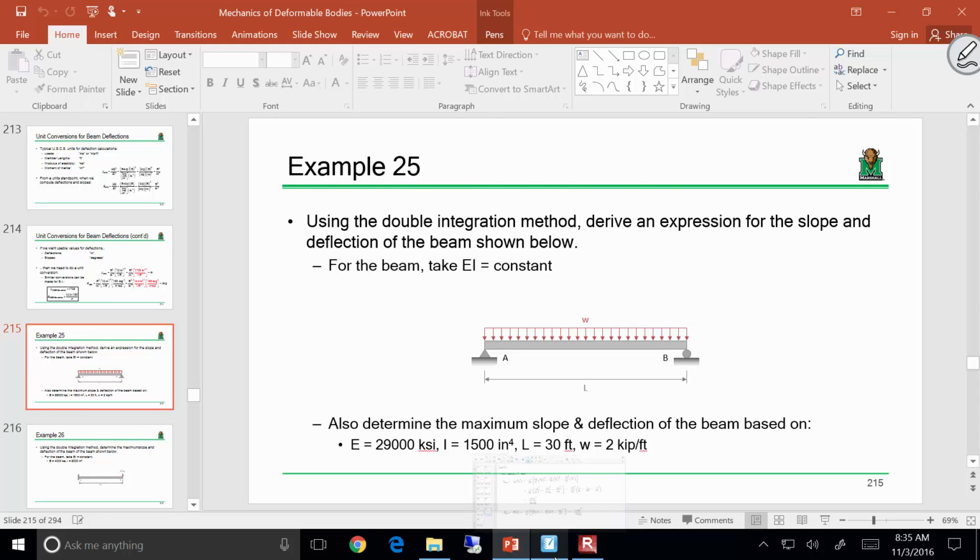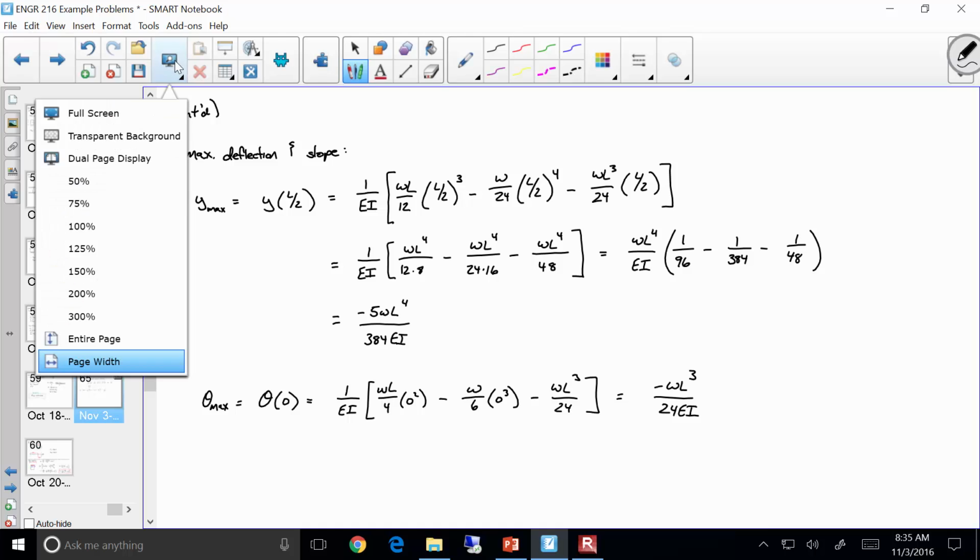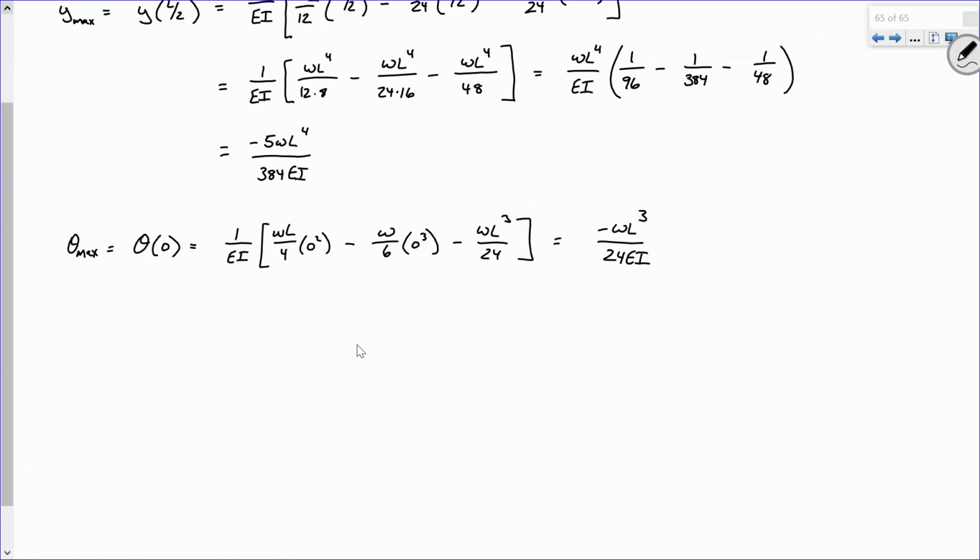All right? So I'm going to scroll down a little bit. So for our beam, we have W is 2 kips per foot. L is 30 feet. E, 29,000 KSI.